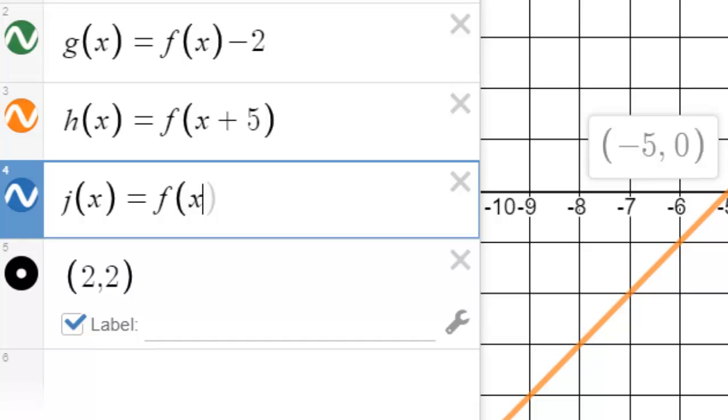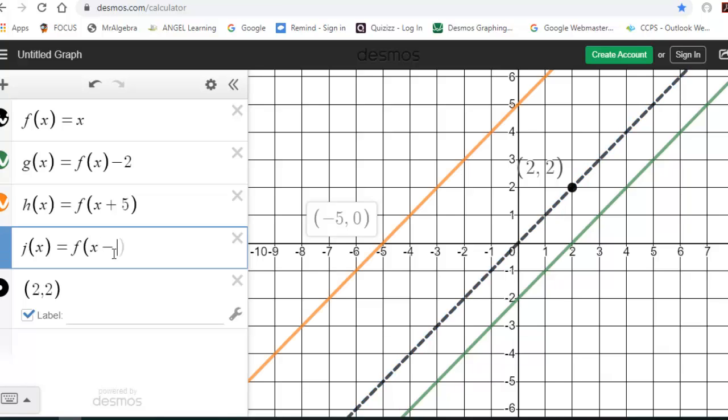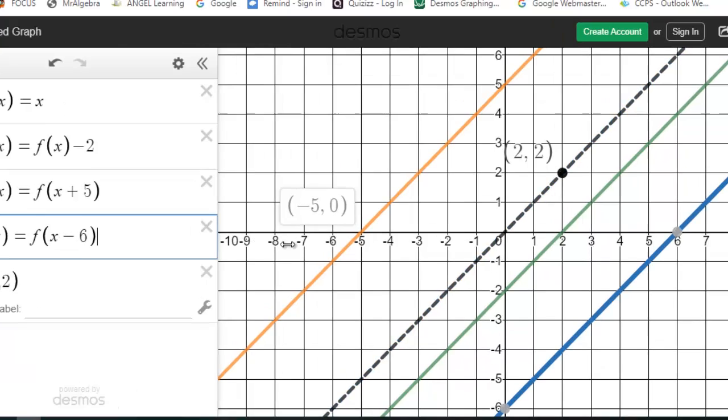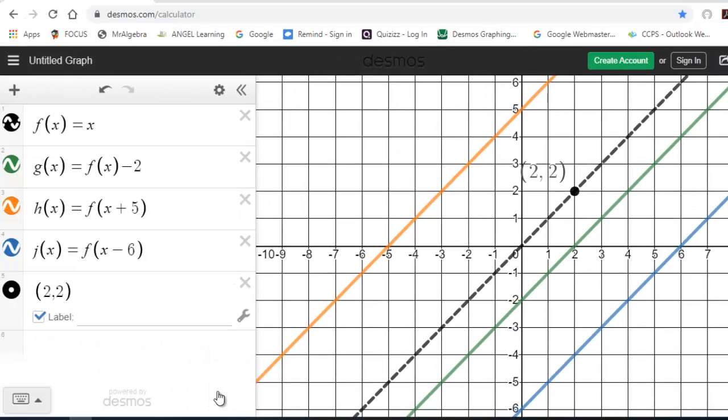I think it was plus 6. Nope, it's minus 6. So we're going to put minus 6 inside. So it's going to move the graph 6 units to the right. Okay, so it moved it 6 units to the right. But then I've got to put my plus 3 on the outside. So plus 3, it's going to move it up 3 units.